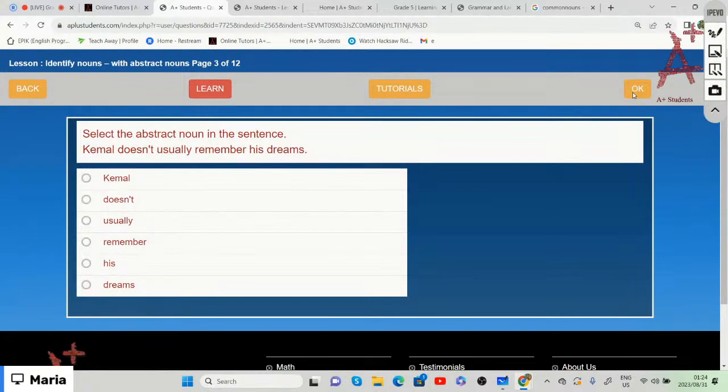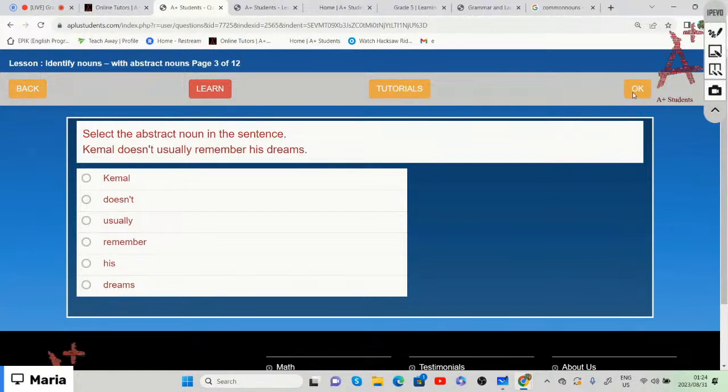Kamal doesn't usually remember his dreams. We need to select the abstract noun within that sentence. Is it Kamal? Is it doesn't? Is it usually?